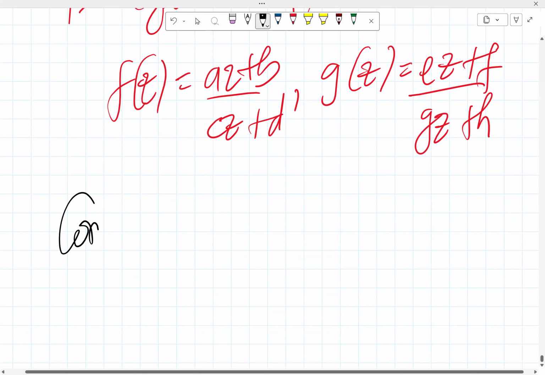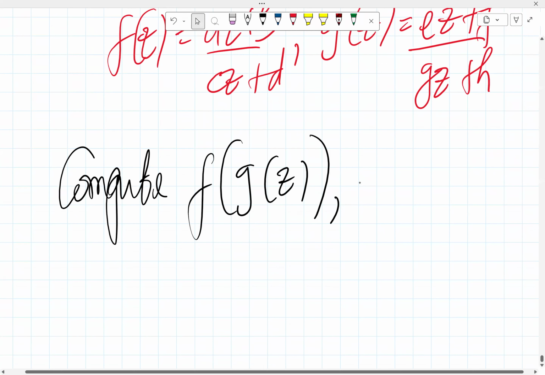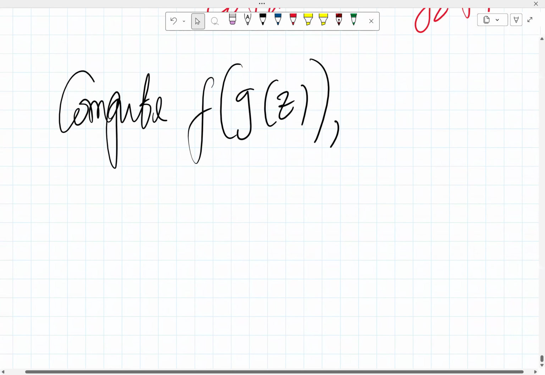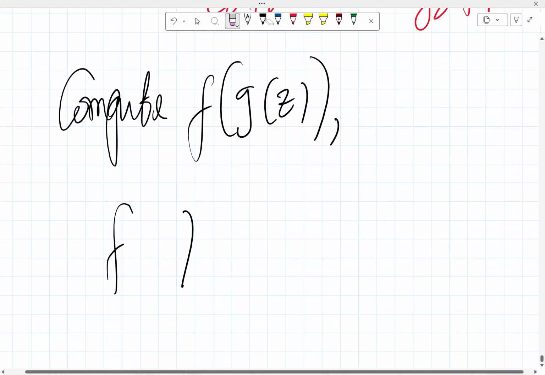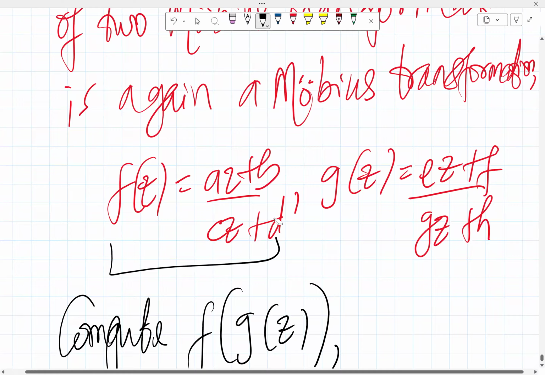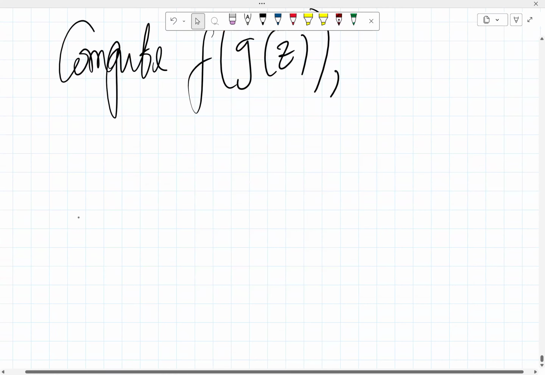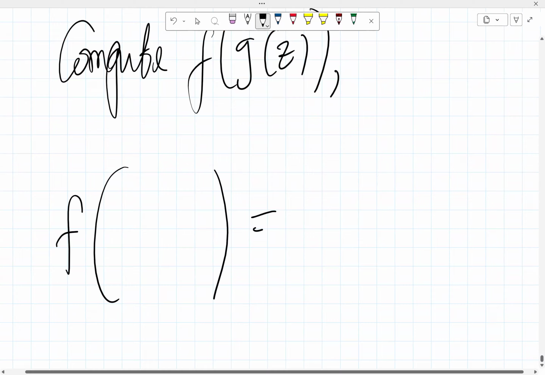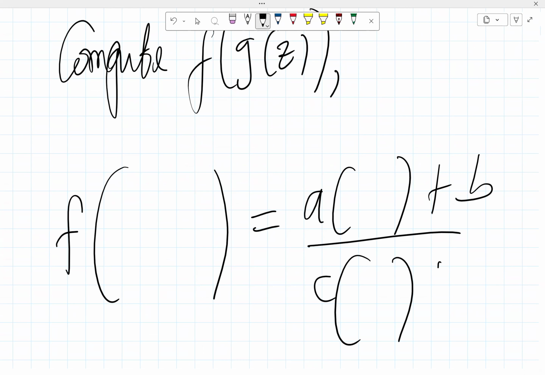So first we want to compute f of g of z. We know already f of z is az plus b all over cz plus d. So we know that f of something is equal to a something plus b all over c something plus d.